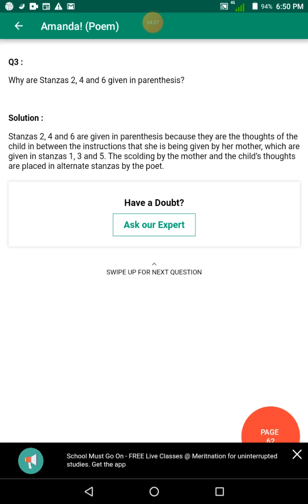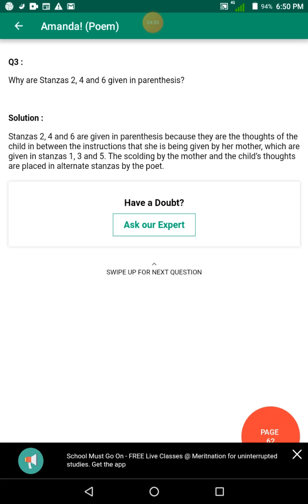Okay. So, we have to be very thorough. Which are all the stanzas which are dominated by the mother and the thoughts of the child, we have to keep it in mind. Okay?